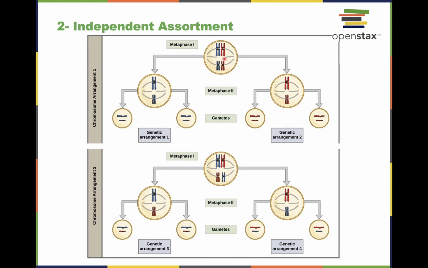But then these two can flip their position, and now you can have a red on the left for the little chromosome and blue on the right. And then when anaphase 1 happens, you can see now you have one blue chromosome and one red chromosome, unlike here. And then the same thing here.